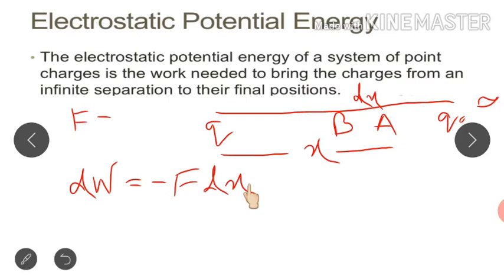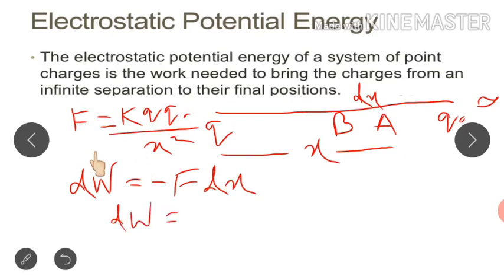F is K Q Q0 upon x square, where K is 1 upon 4 pi epsilon naught. So in place of F, we will write this. So finally we have dw equals minus K Q Q0 upon x square dx.